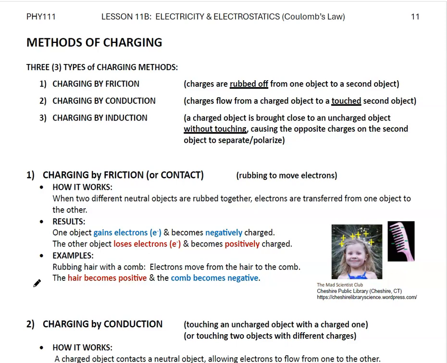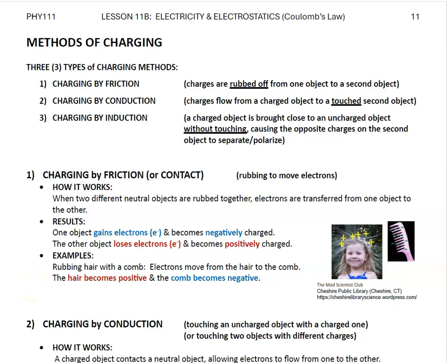And the third method is the hardest one to explain, and when we get to the diagrams, it should be a lot easier. But a charged object is brought close to an uncharged object without touching. In other words, you have this object that has a positive or negative charge, and you bring it near the second neutral object, but you don't touch it. What will happen is the positive and negative charges on the second object, keeping in mind the second object is neutral, but it has lots of positive and negative charges that balance each other.